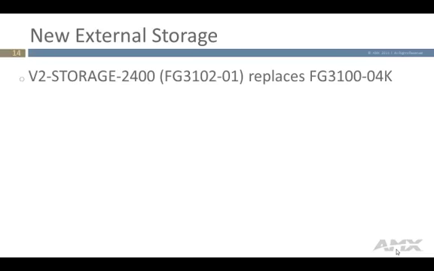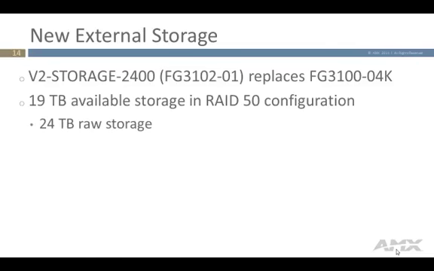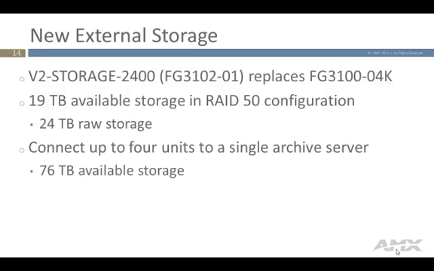That's the V2 storage 2400, and it replaces our legacy external storage product, which was the FG3100-04K. It has more storage capacity than the outgoing model. It's got 19 terabytes available in a RAID 50 configuration. So it's 24 terabytes raw, but we configure it for RAID, which takes it down to about 19 terabytes.